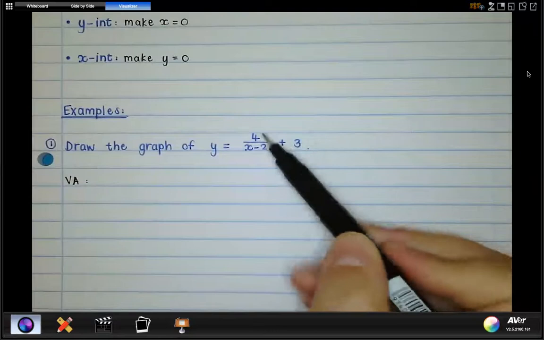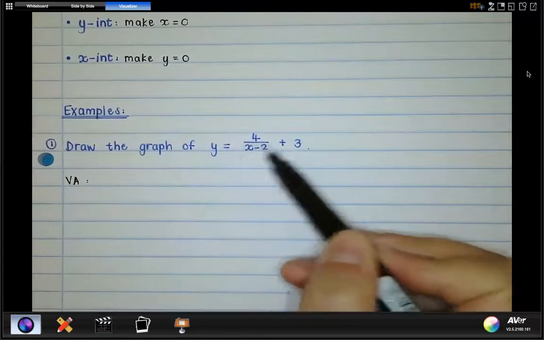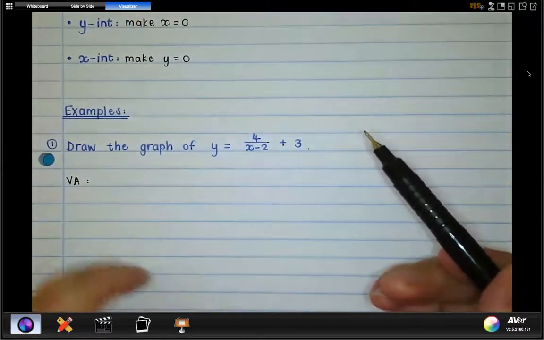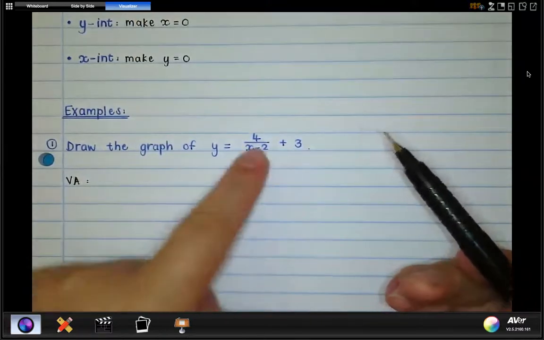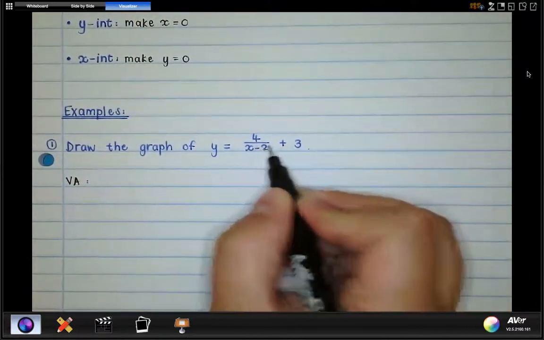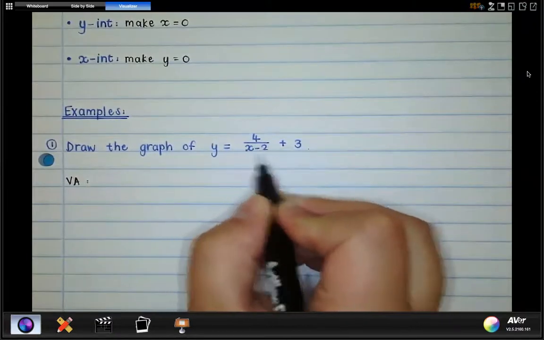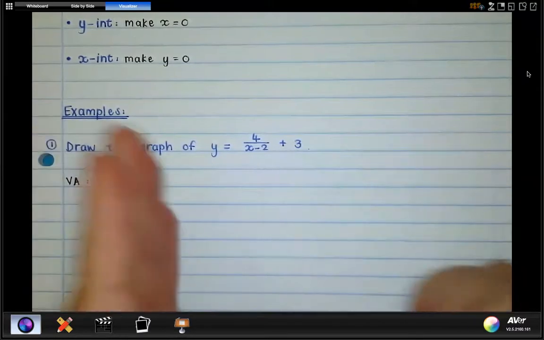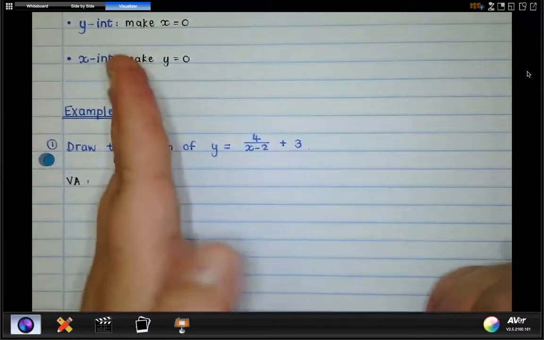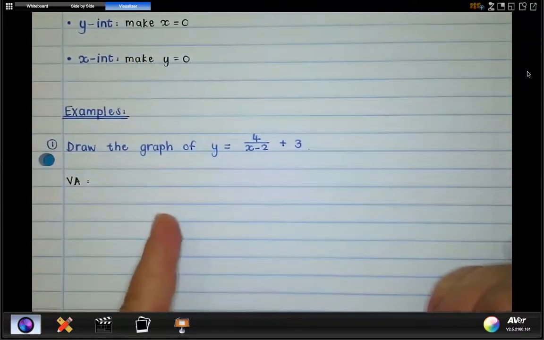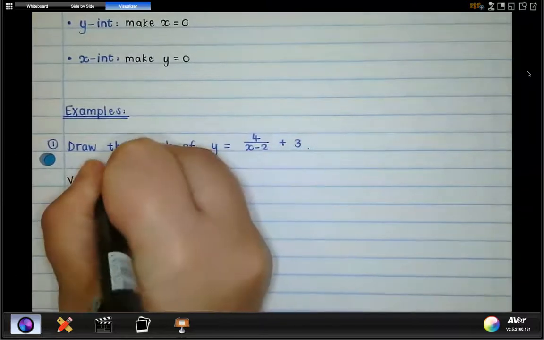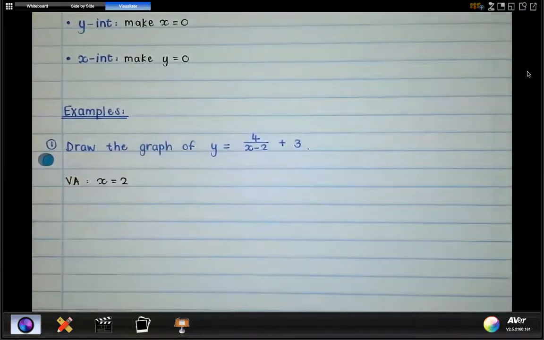All right, so the vertical asymptote is your x-asymptote. Remember, vertical line looks like this, so it will cut the x-axis because your x-axis runs like this. And just like we said before, this hyperbola is going to have a shift of 2 units to the right, which means that the y-axis, which was the original vertical asymptote, also actually shifts 2 units to the right, making our new vertical asymptote x equals 2.